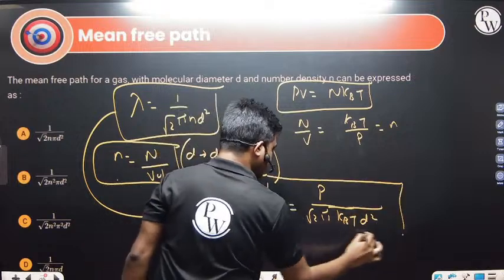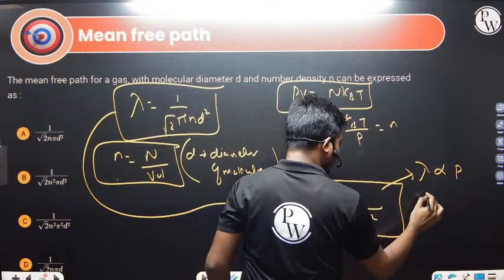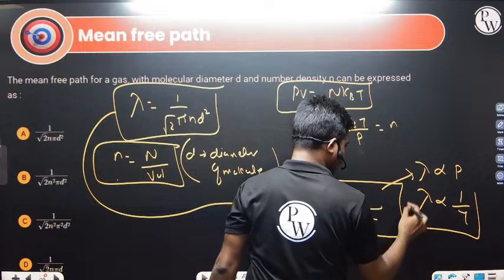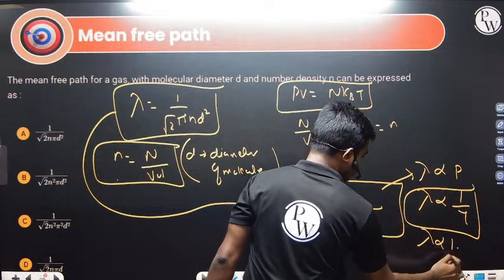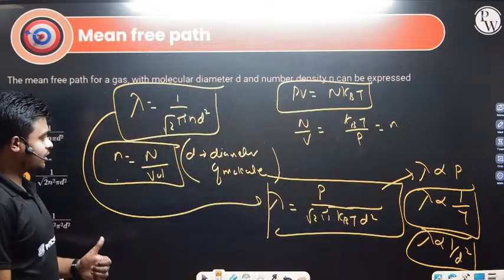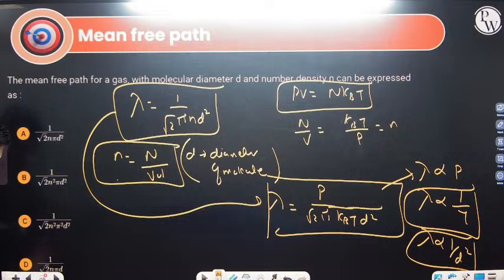So lambda is inversely proportional to pressure, directly proportional to temperature, and inversely proportional to d square. What is d? Diameter of the molecules. So here the answer is option 1 by root 2 pi n d square.